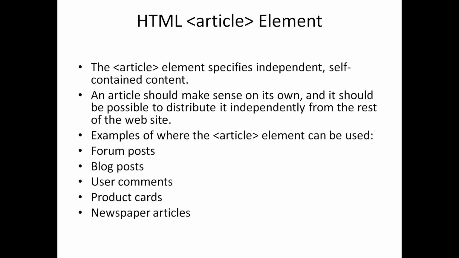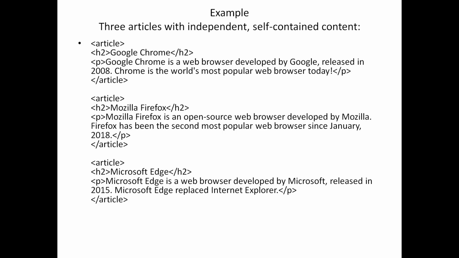Next, the article element specifies independent, self-contained content. An article should make sense on its own and it should be possible to distribute it independently from the rest of the website. Examples of where the article element can be used are forum posts, blog posts, user comments, product cards, and newspaper articles. Here is an example which consists of paragraphs.